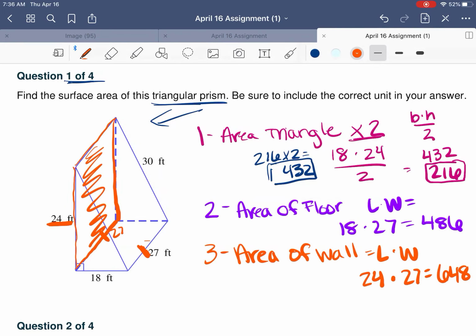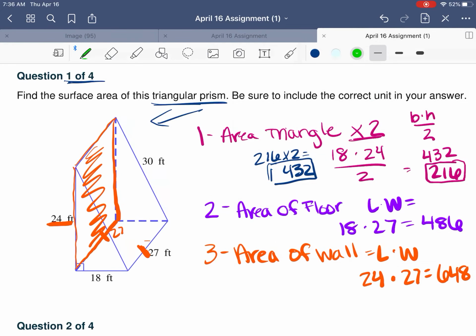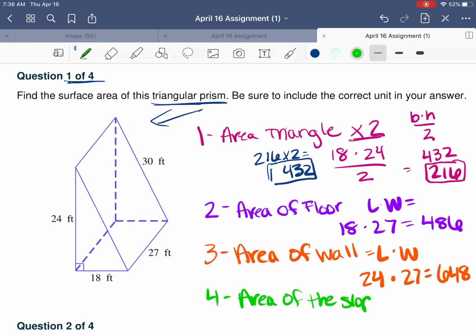And then finally, the last part of what we need to find, we'll go with green this time. Let's erase this so that it's not in the way. Okay, so the fourth one would be to find the area of the slope of the triangle, which is this shape.